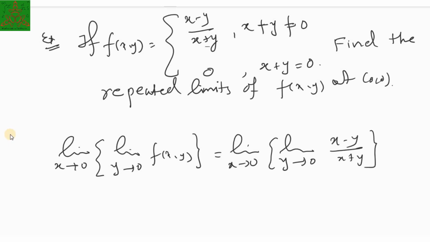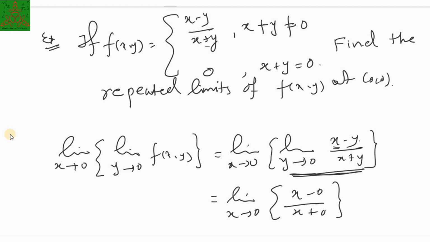To take this limit, this is a case of one variable, where x is treated as a constant, and you are taking the limit as y tends to 0. That will give me limit x tends to 0 of (x minus 0) upon (x plus 0), which is limit x tends to 0 of x by x, that is x is cancelled out, we will have the answer 1.